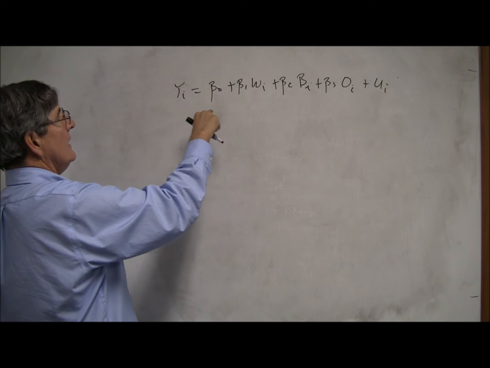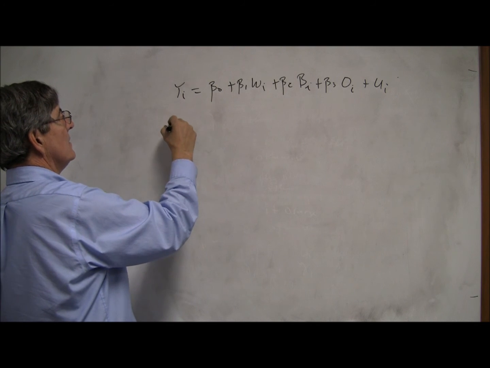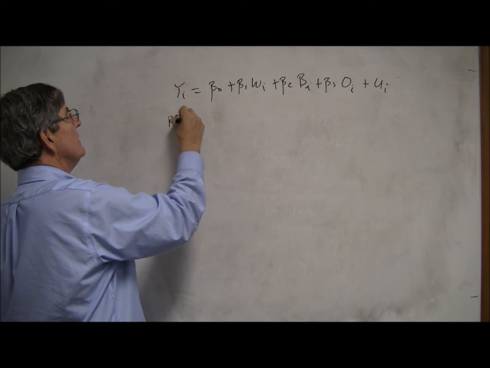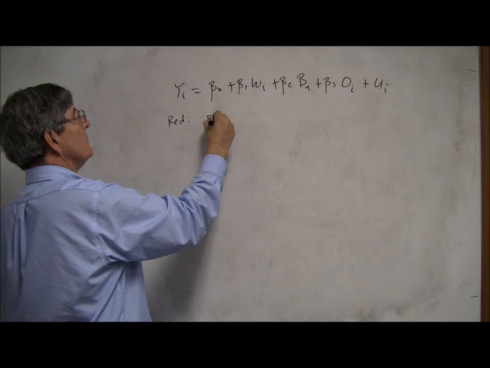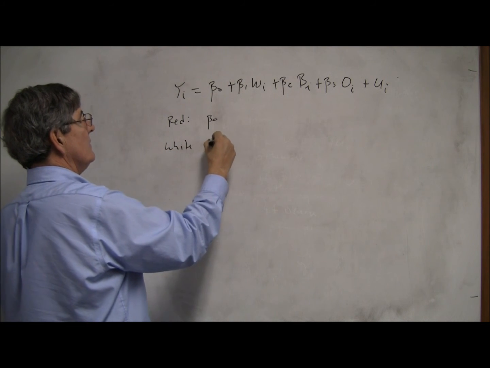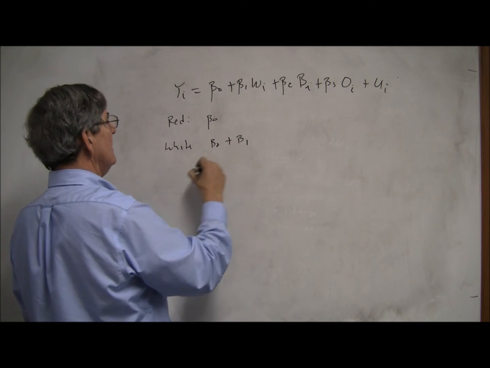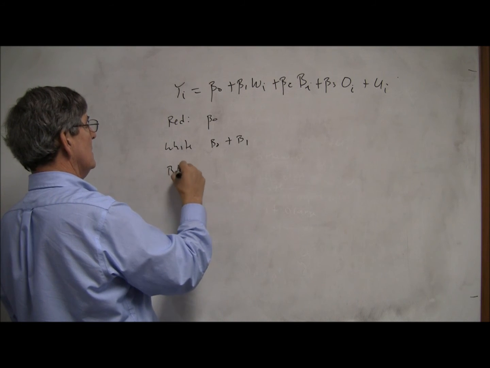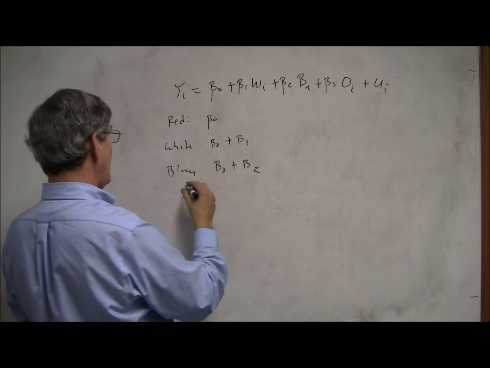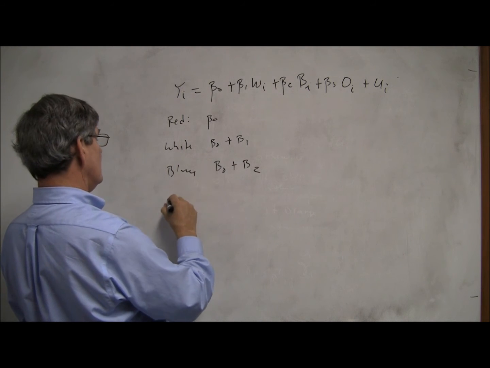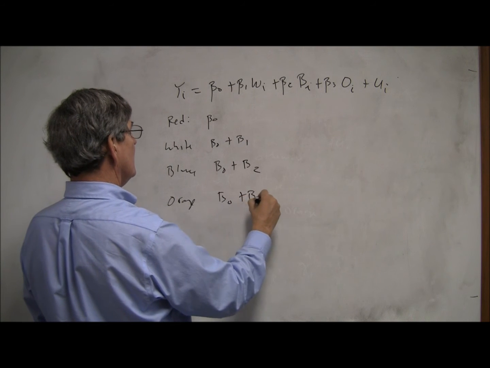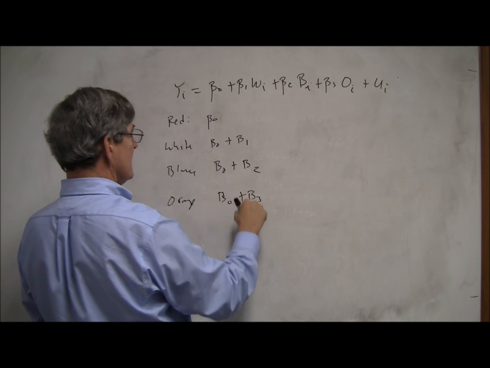So what's the baseline? Red. So for red, the effect will be beta 0. For white, it'll be beta 0 plus beta 1. For blue, it'll be beta 0 plus beta 2. And for orange, it'll be beta 0 plus beta 3.